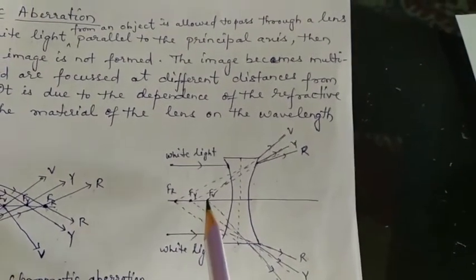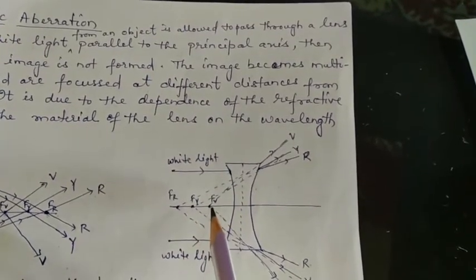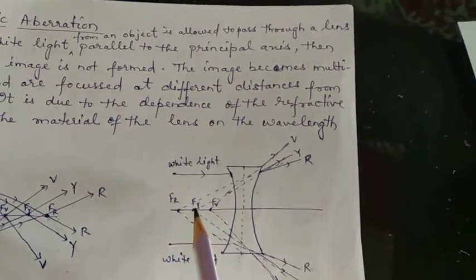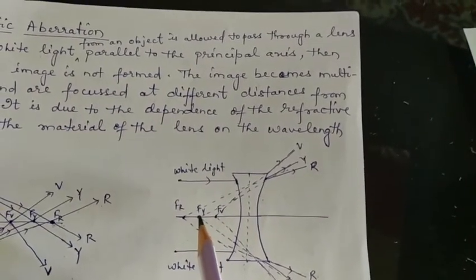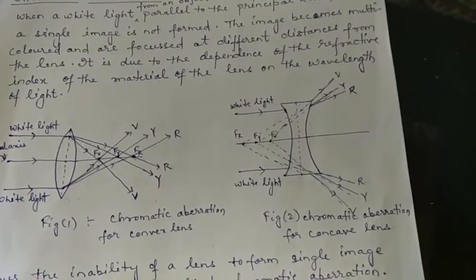So here FV and FR is the focal length for violet and for red, and FY is the focal length for yellow light. So this is how chromatic aberration depends on light and the refractive index.